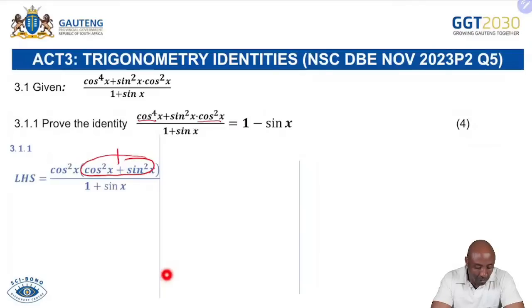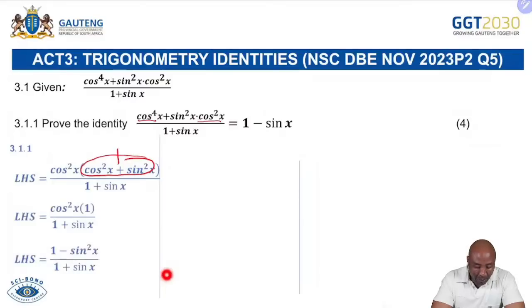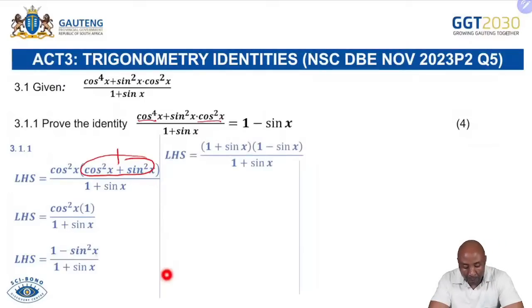But I know that cos squared x is also an identity, which will give me 1 minus sine squared x. But I can factorize this numerator. This is a difference of 2 squares, and I should get 1 plus sine x, 1 minus sine x, and I see here these are like terms, and I'll remain with 1 minus sine x, and that should give my right hand side.